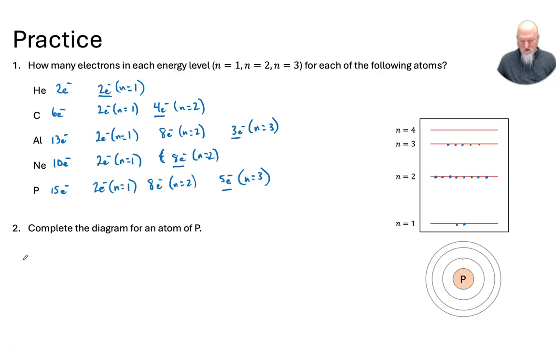So doing that here, we do 1, 2. 1, 2, 3, 4, 5, 6, 7, 8. And then 5. I like to space them out because that's how I do it. And then 5 in the n equals 3.